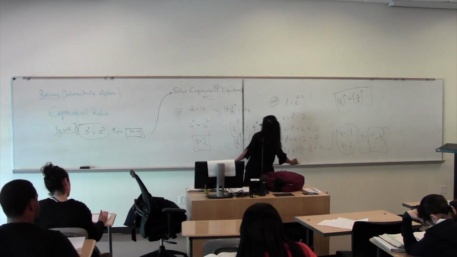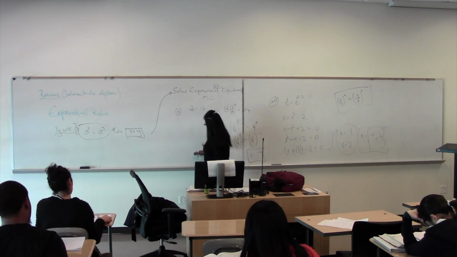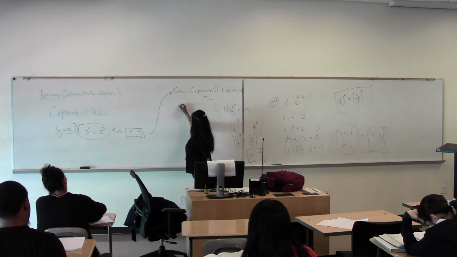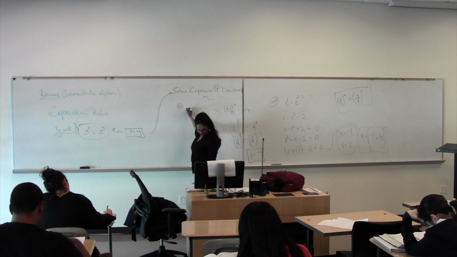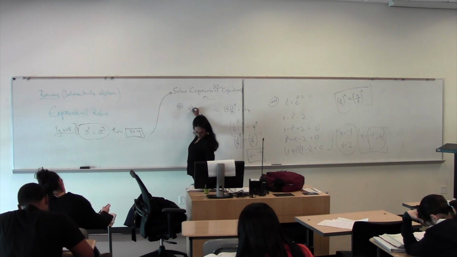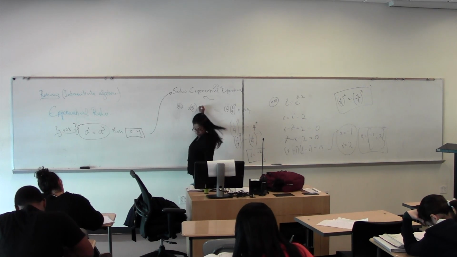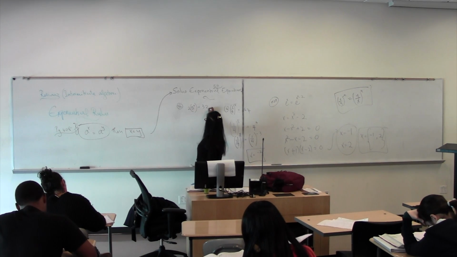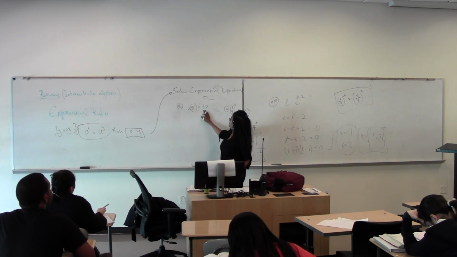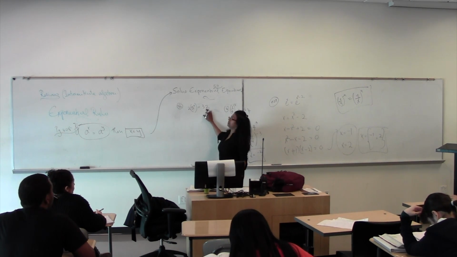Number 34, we have 2 times 5 to the power x equal to 50. Now we know 32 can be written as 2 to the power 5.